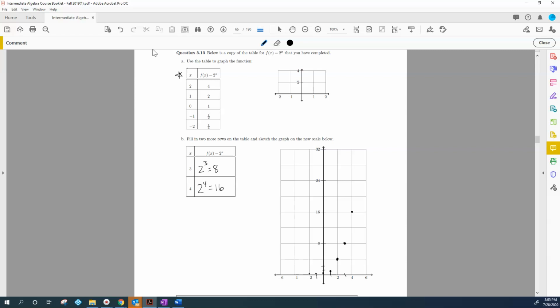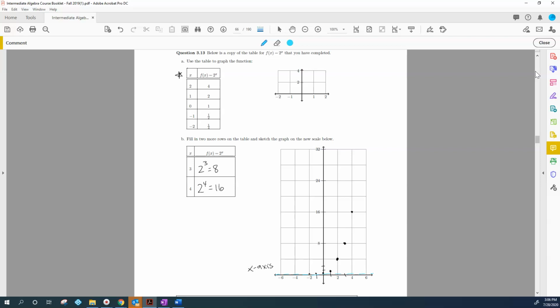Notice how this is getting really, really close to the x-axis, but it's never going to touch it. We call this an asymptote. I'm going to put a little dotted line here. It's getting really close to the x-axis, but it's never, ever going to touch it.